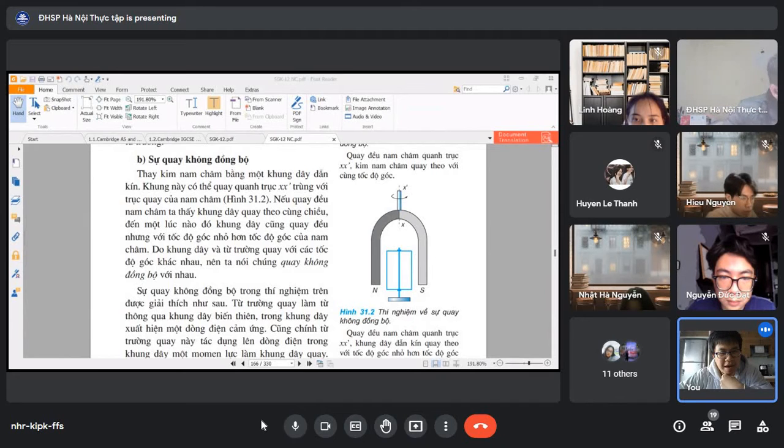According to my knowledge, I think that the U magnet generates the magnetic field to the rectangle coil.